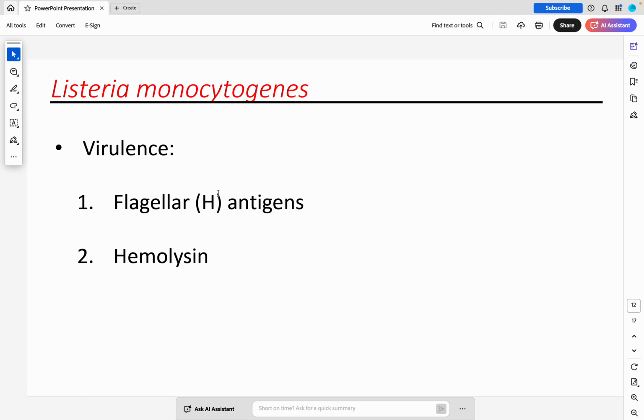Within the host cell, they move between cells via actin polymerization. They have associated proteins that assist with actin polymerization so that they can move from one cell to another. They also express phospholipase C, which helps them not only escape the cell vacuole, but also disrupt the cell membrane of the host cell that they are going to or coming from.